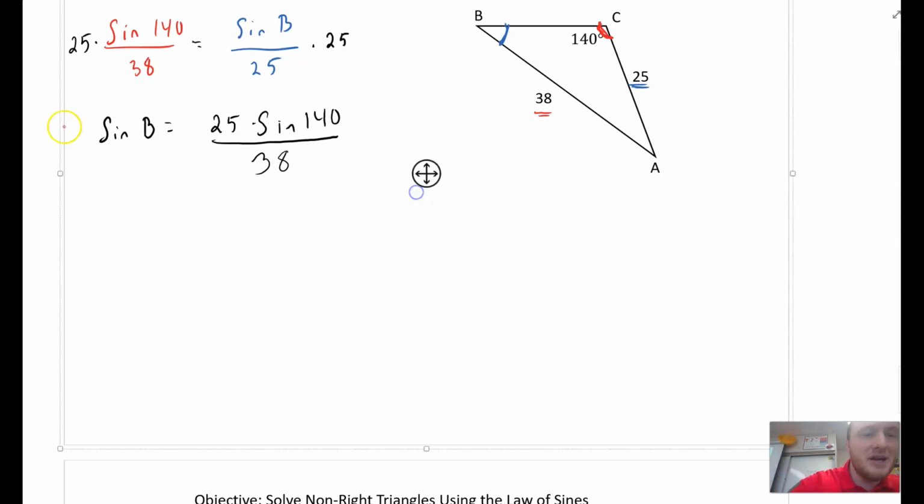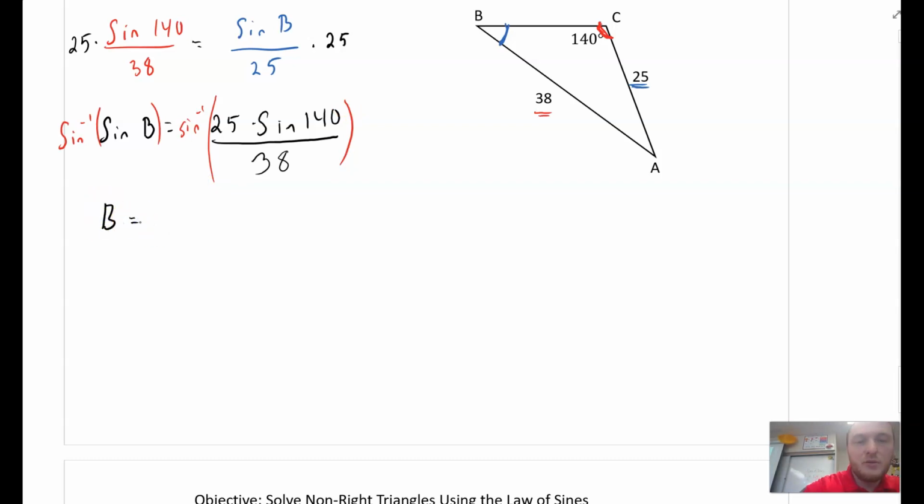So I'm going to take sine inverse of this whole side. And what we end up with is the measurement of B will be equal to sine inverse of 25 sine 140 over 38. There you go. Okay, and it is approximately 25 degrees.